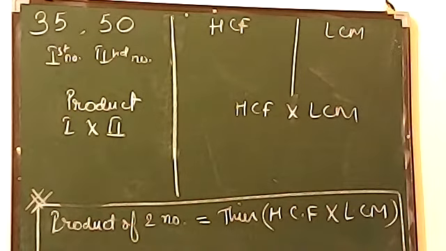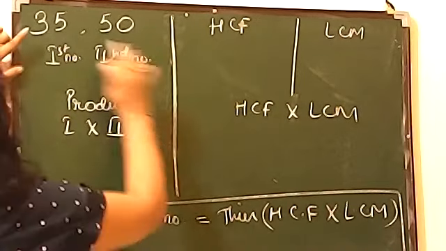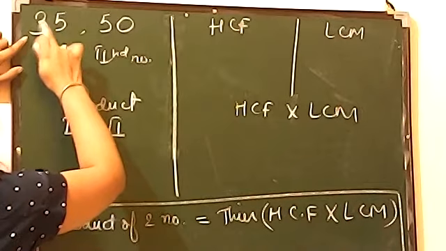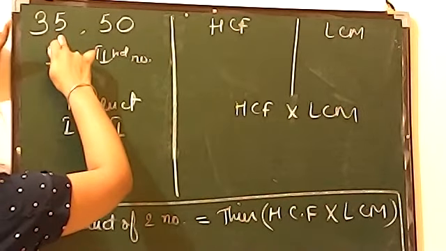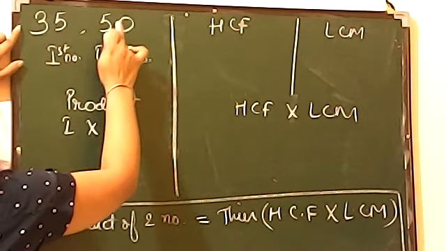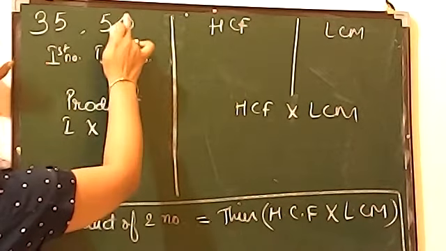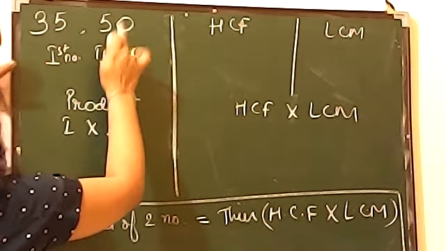Okay. So now students, let us try this. SCF. You know if you talk about their factors: 1, 7, 5 and 35, and this one 1, 2, 5, 10, 25 and 50 also.